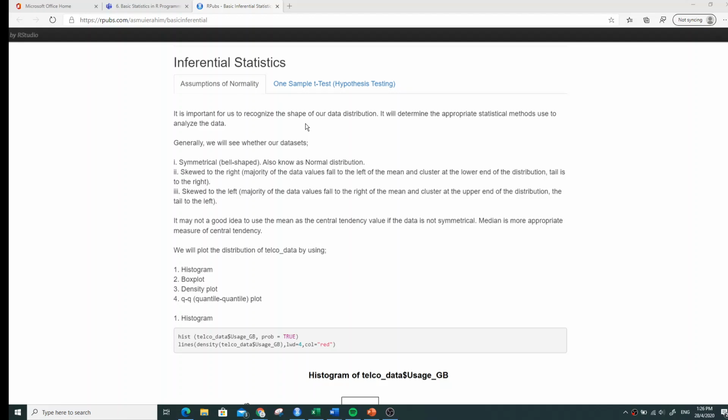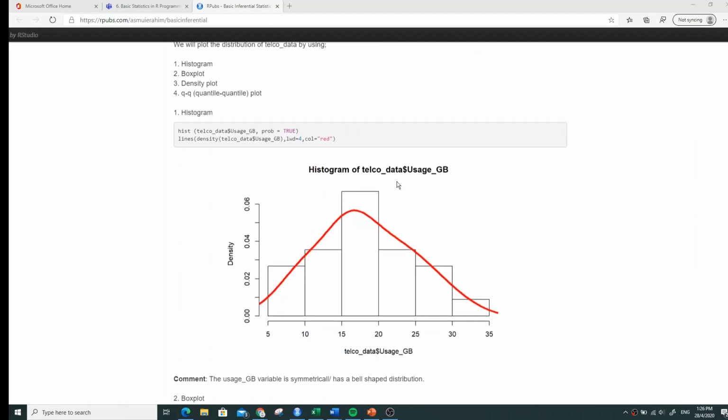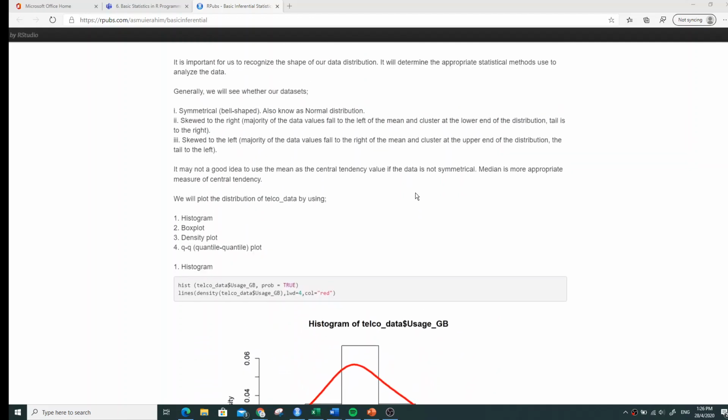The measure of central tendency is when we say on average. On average, for example, what is the usage in GB that the students use? That's the measure of central tendency.